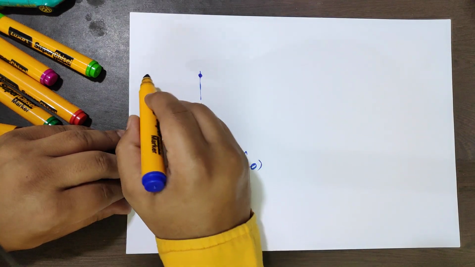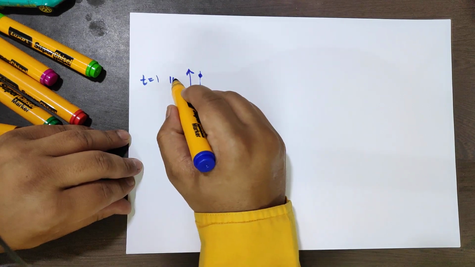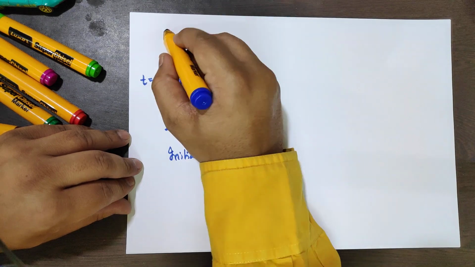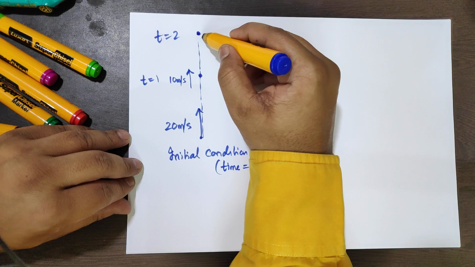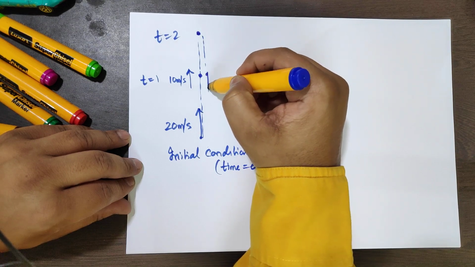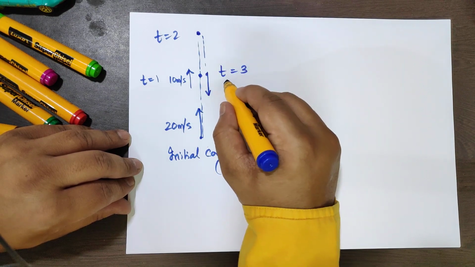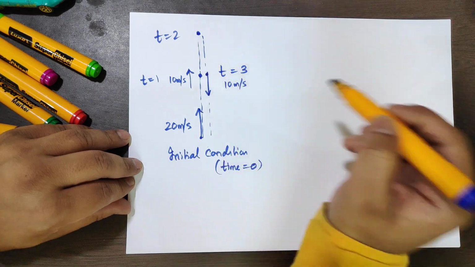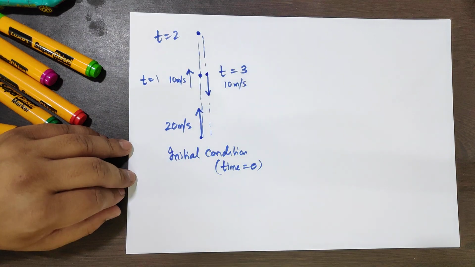Now when the stopwatch is t equal to 1, it's going up at 10 meter per second. Now when the stopwatch is t equal to 2, then it stops momentarily, and then again it comes back, and this is obviously t equal to 3, it's 10 meter per second downward. Okay. And at t equal to 4, obviously it will be here.